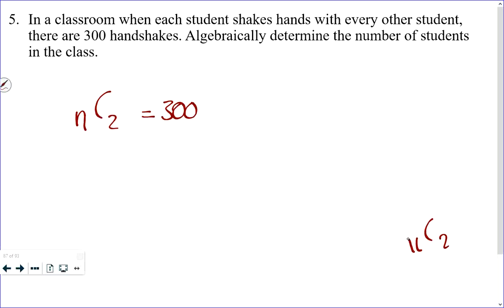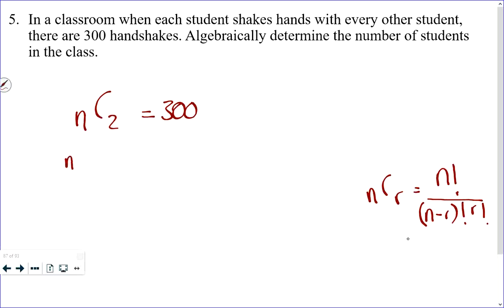You go to your formula for n choose r, which is n factorial over n minus r factorial, and this becomes n factorial over n minus 2 factorial, 2 factorial, and 2 factorial is 2, right? We have to add that extra r factorial because it's a combination.